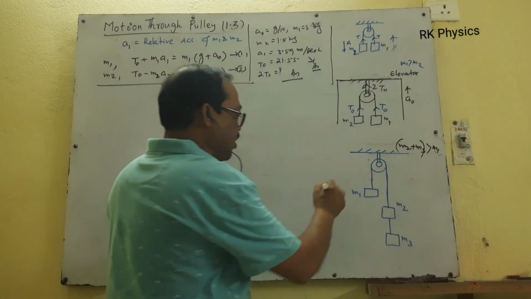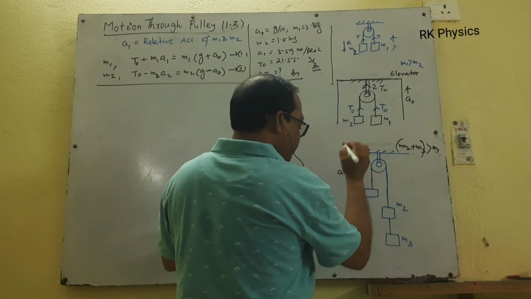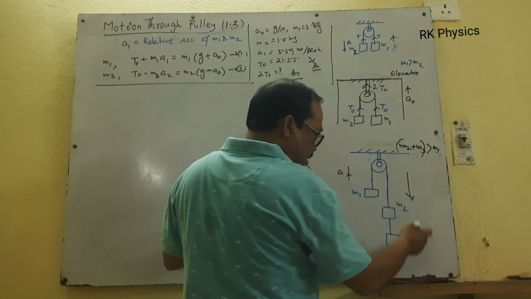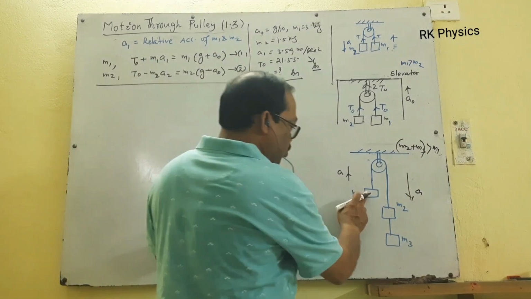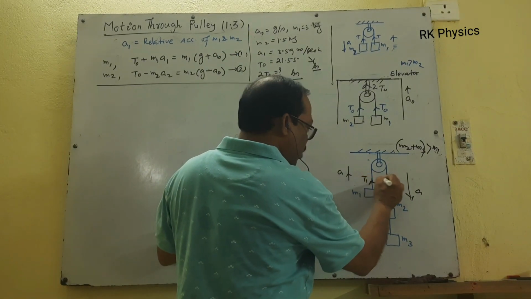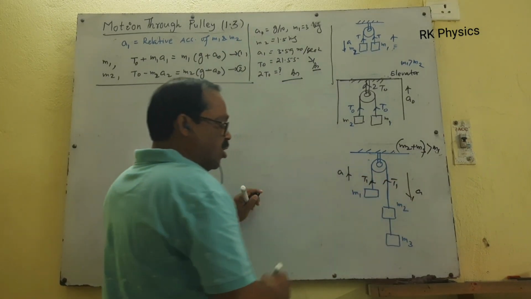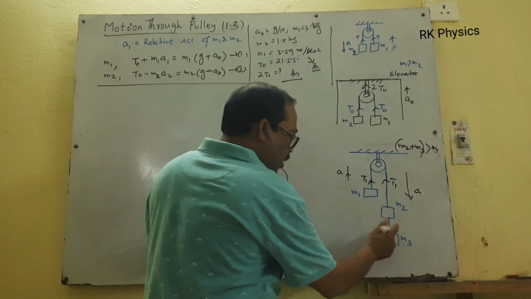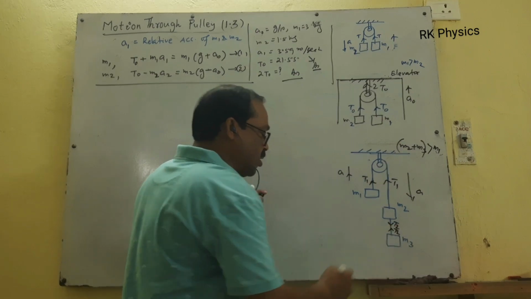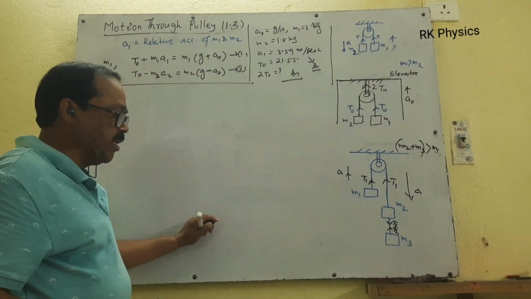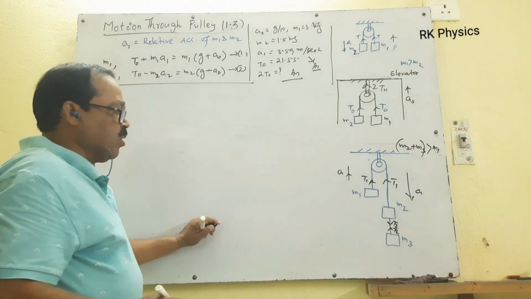Therefore M1 is moving up with acceleration A, and the entire system is moving down with acceleration A. M1 and M2 are connected with one string, so the tensions are T1, T1. M2 and M3 are connected by another string, with tensions T2, T2.